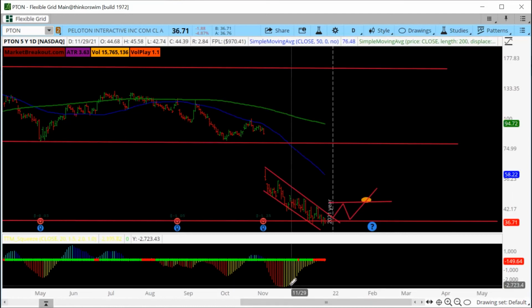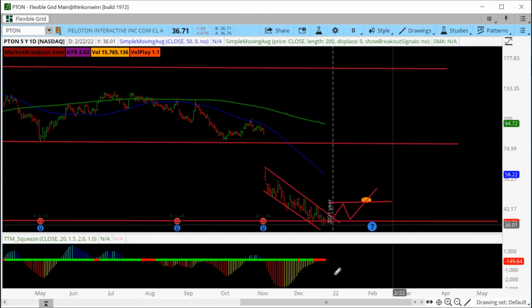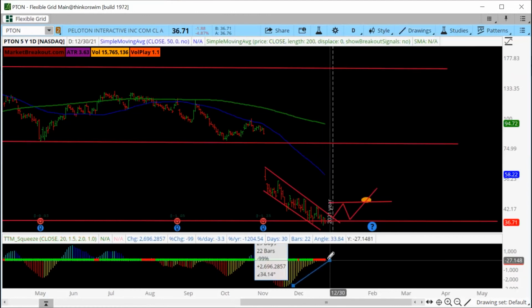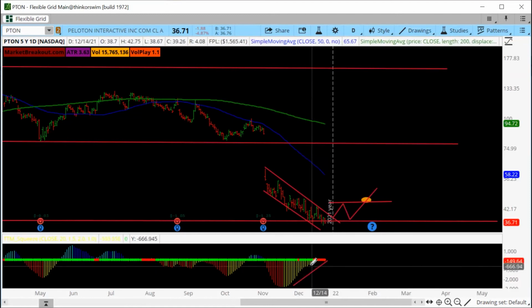I don't know. And we see TTM squeeze. The squeeze goes to the zero line.